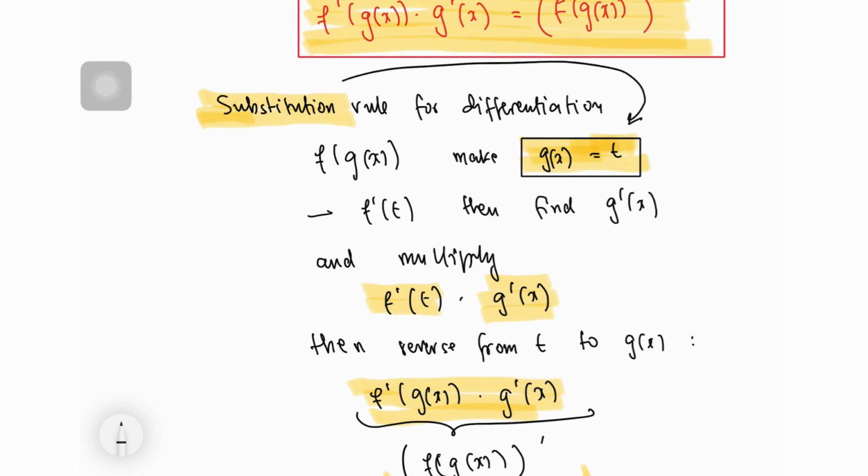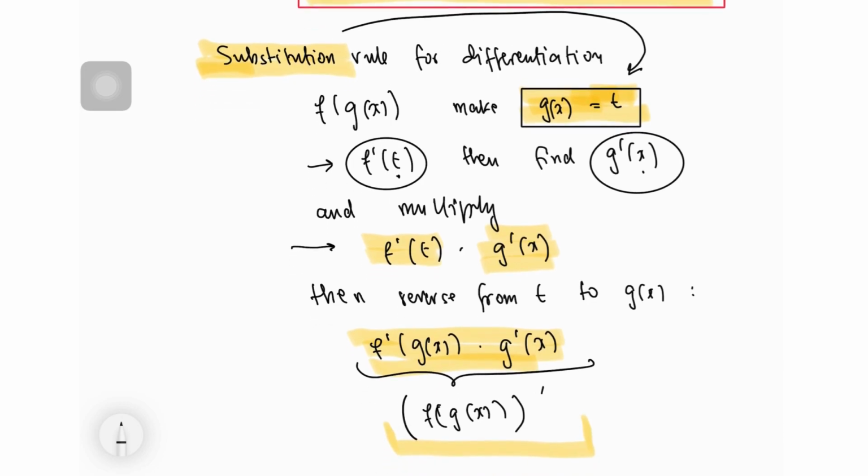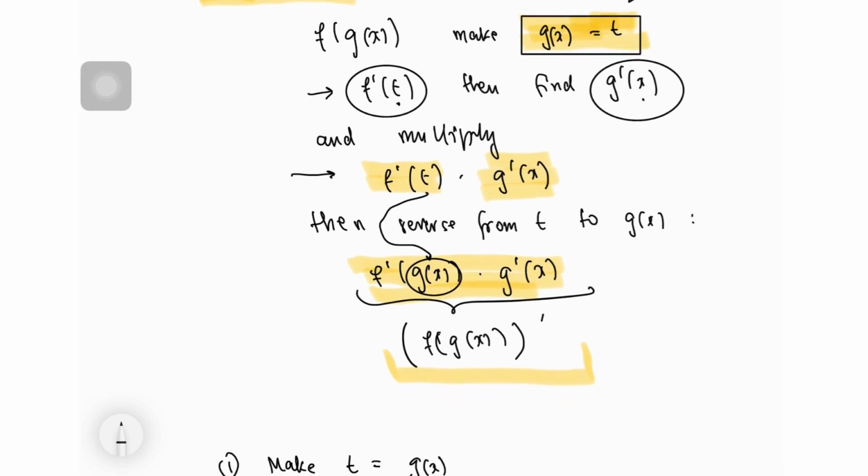And then we find f prime of t, and after that we find g prime of x. So you can see we have two different variables. Then we can multiply, as a fourth step, f prime of t times g prime of x. And finally, we reverse from t to g of x. So we give the substitution back.